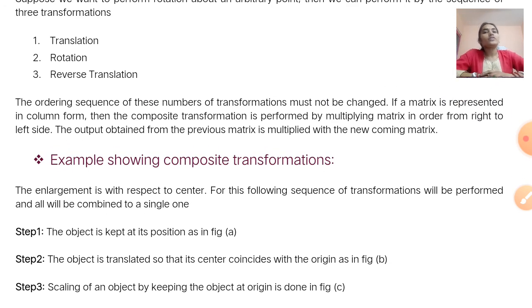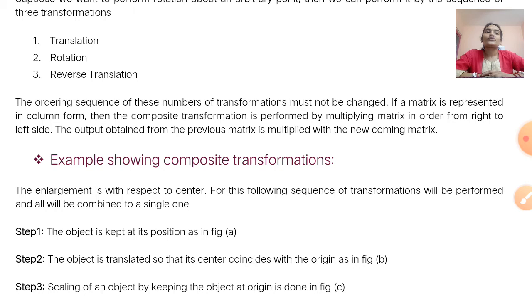The ordering sequence of these transformations must not be changed. If a matrix is represented in column form, then the composite transformation is performed by multiplying the matrices in order from right to left. The output obtained from the previous matrix is multiplied with the newly coming matrix.